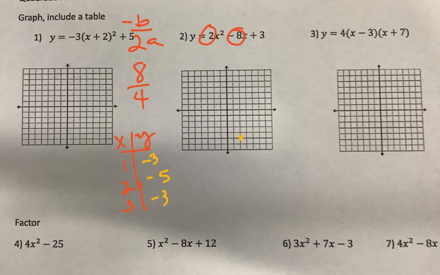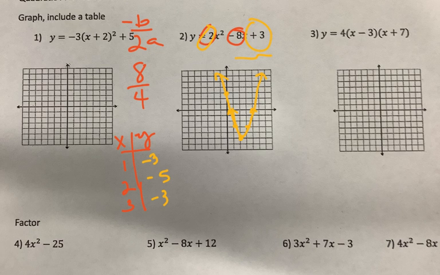And 1, -3. And we should mental check here, but it should be opening up because the a is positive. Now, if I plotted this all the way to the y-intercept, it would cross at 3. It's something we do know about quadratics. That standard form, that's where the y-intercept is.